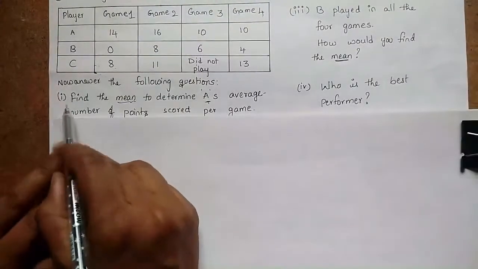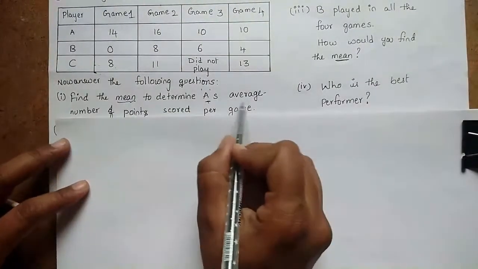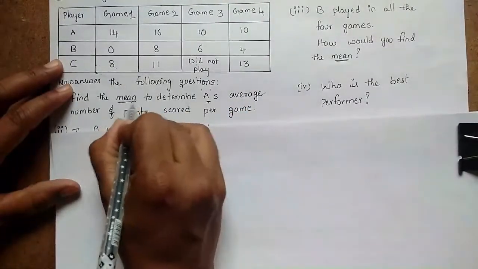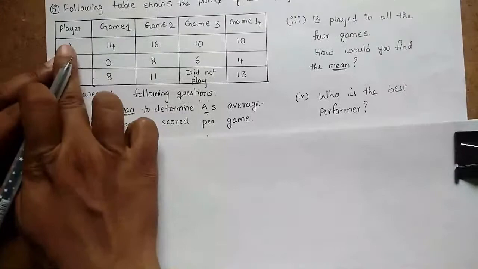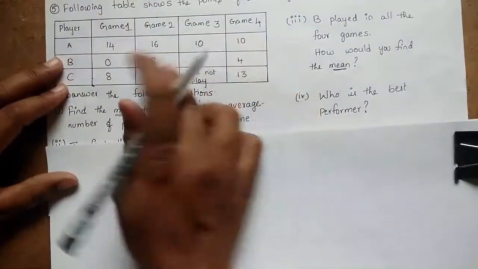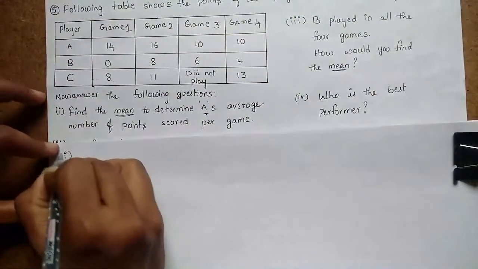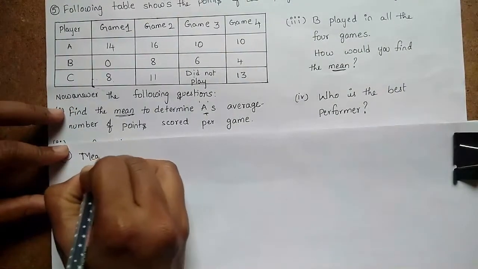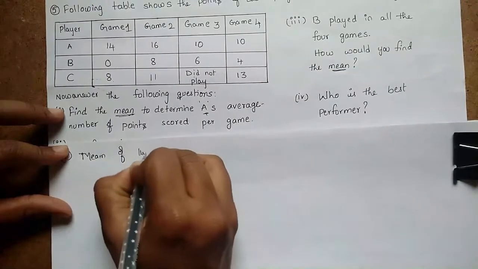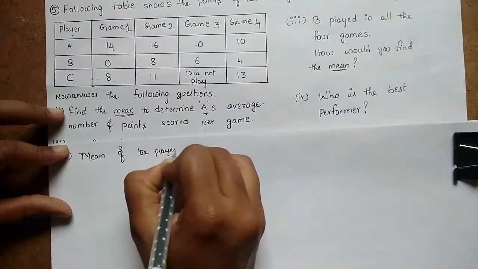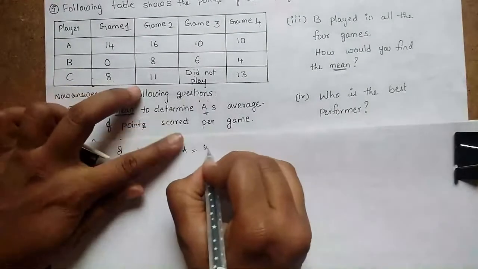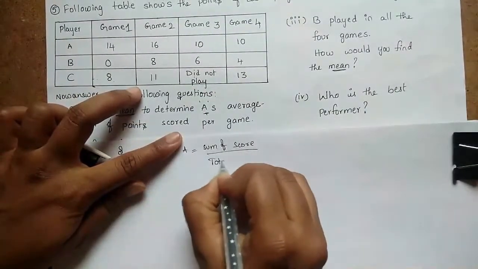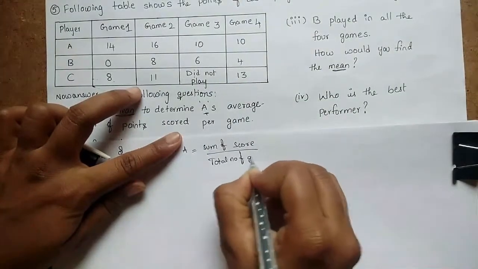Now start with question 1. Find the mean to determine A's average number of points scored per game. So we have to find A's mean here. A played 4 games. The mean of player A is the sum of scores divided by the total number of games.